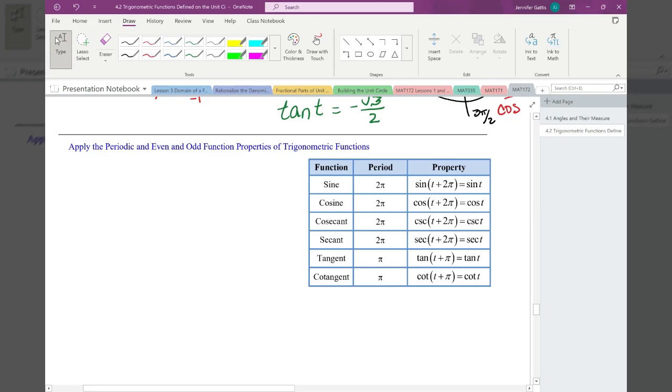Tangent and cotangent repeat every pi. So as you're looking at the graph, you can see that these repeat. So that's why sine and cosine have a period of 2 pi, along with their reciprocals, cosecant and secant, and then tangent and cotangent have a period of pi.